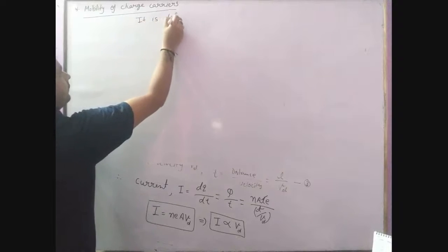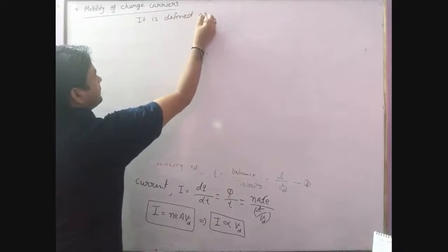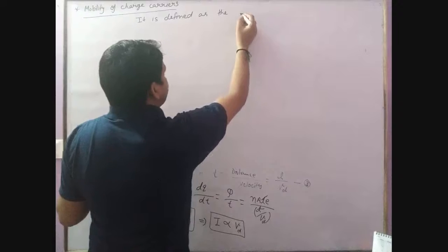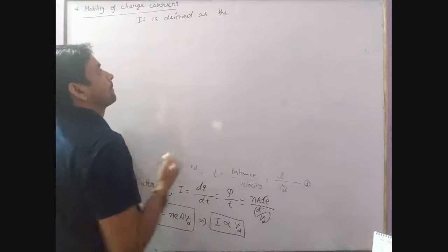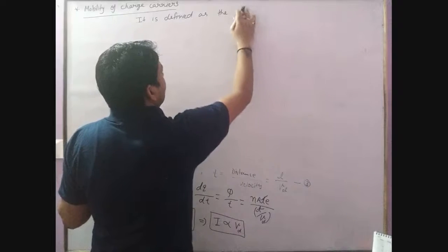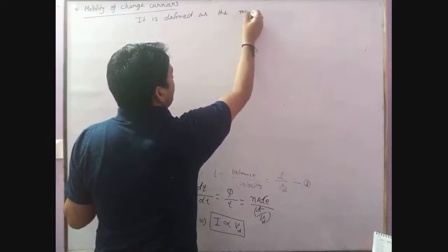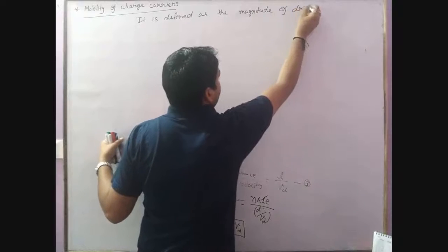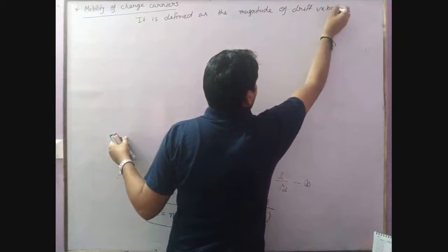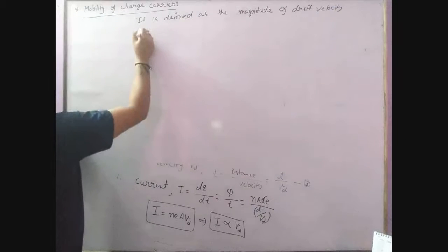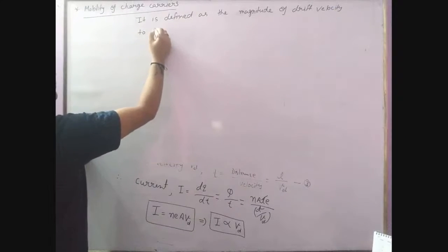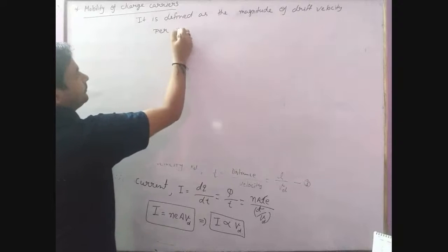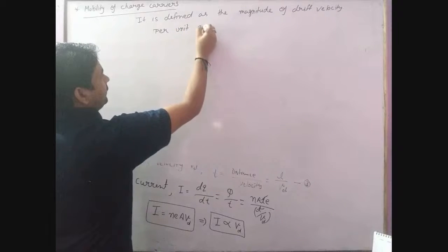It is defined as the drift velocity, or you can say defined as the magnitude of drift velocity per unit electric field.